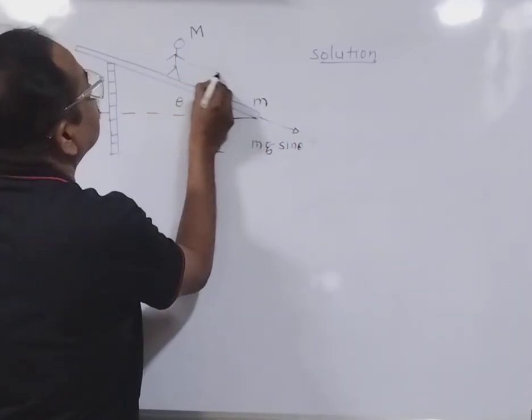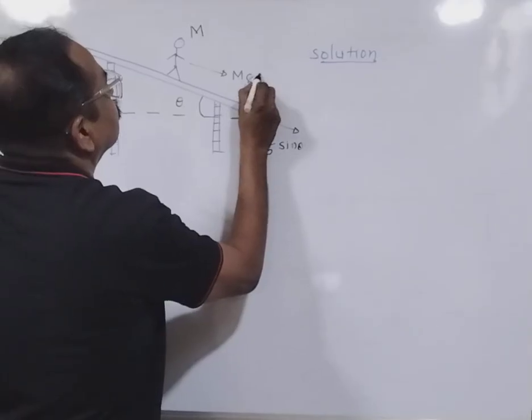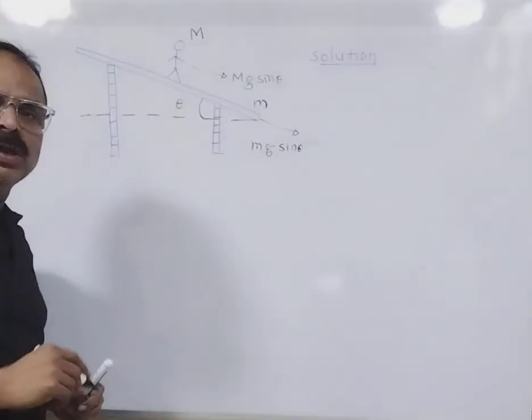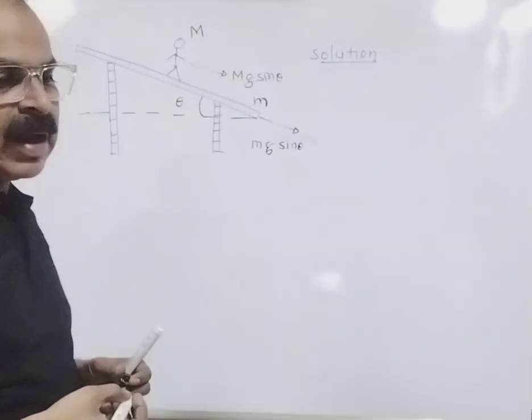Even on the man, it is mg sin theta. What coefficient of friction is given? There is friction between the plank and the man.